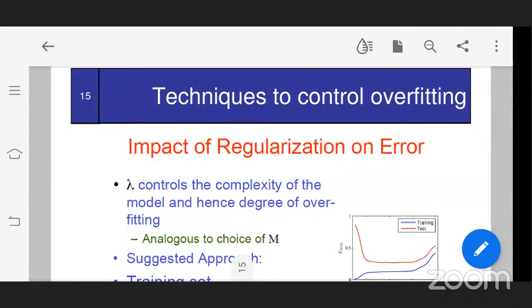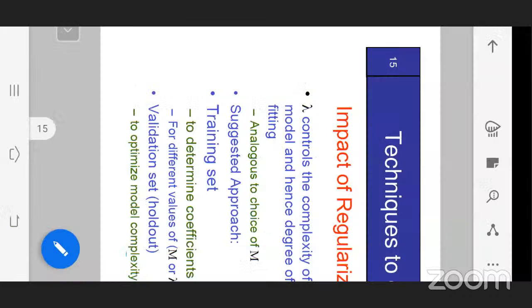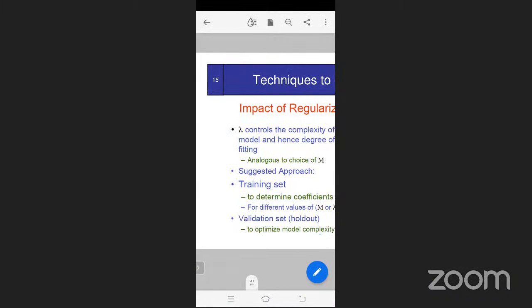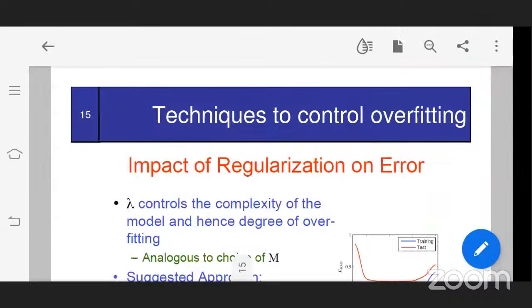You will see the training error and the validation error, and of course you will be doing regularization if required. The model order, the value of M, that gives the minimum value of the error function on the validation set will be used for testing. Is it clear to everyone?